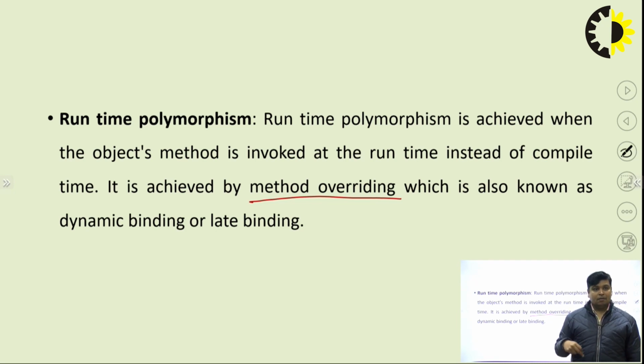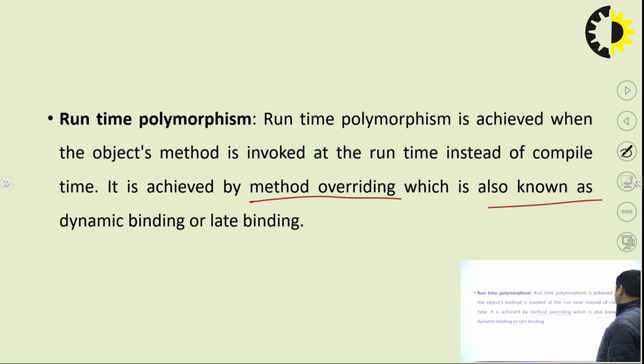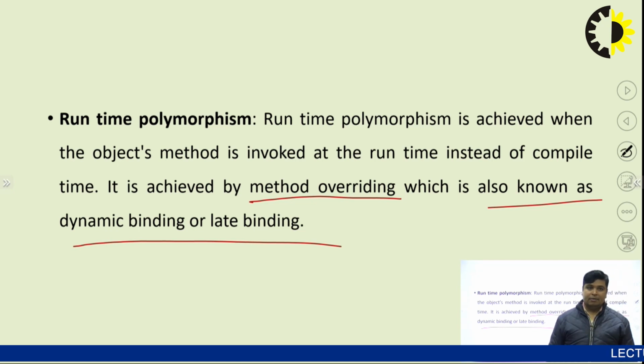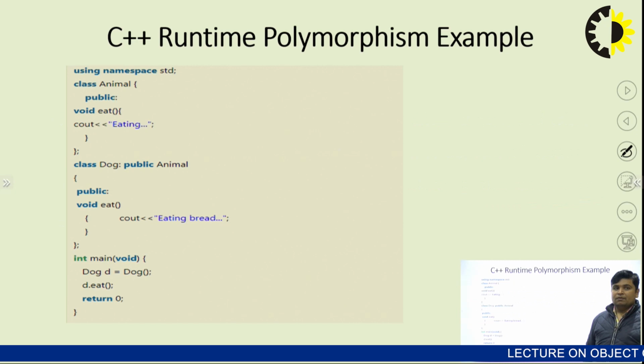Compilation time polymorphism is achieved with the help of method overloading, which is also known as dynamic binding, or late binding. This concept is called runtime polymorphism.